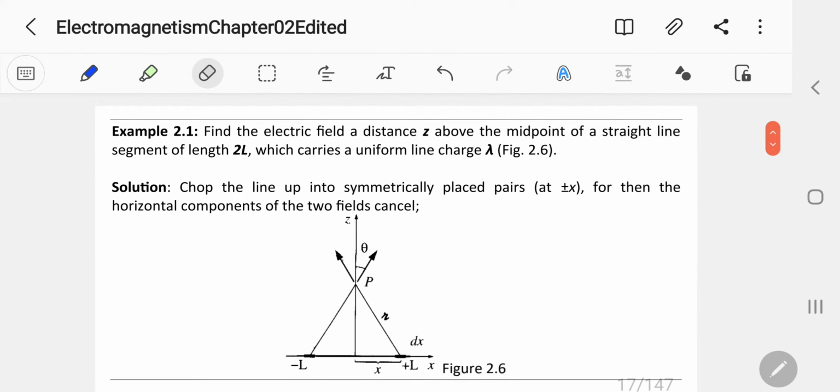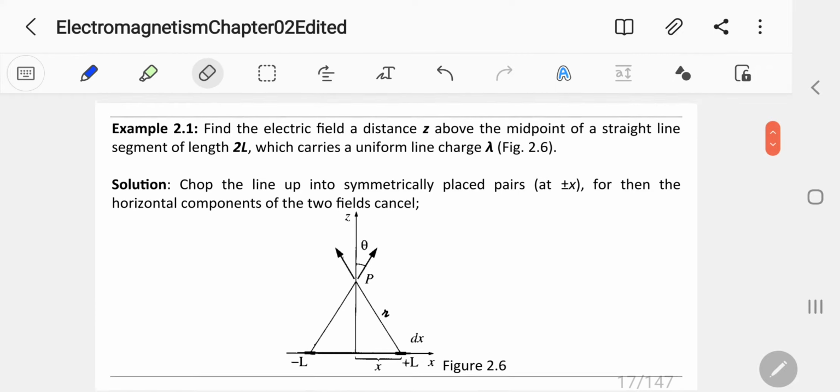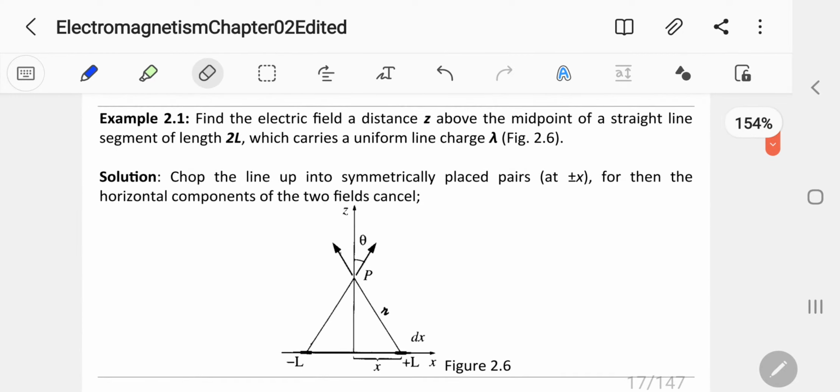So we'll now go to an example which is of course very familiar to you in basic physics. Find the electric field a distance z above the midpoint of a straight line segment of length 2L, which carries a uniform line charge lambda.